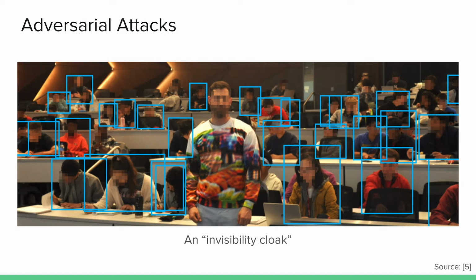And if you print that pattern on a hoodie and you wear this hoodie, you can actually show that you become invisible to these object detectors. So this is kind of a modern day invisibility cloak if you do not want to be tracked by one of those modern object detectors that we've talked about in the past.